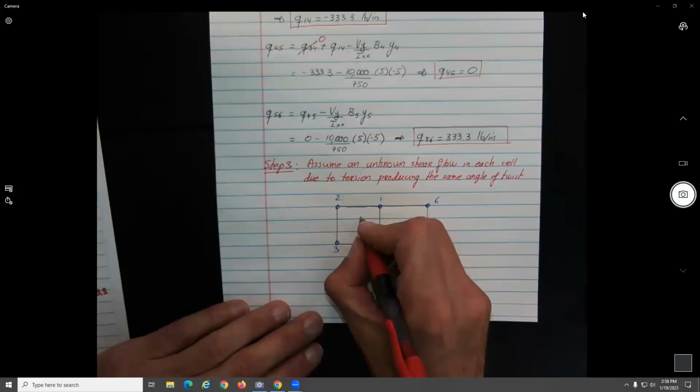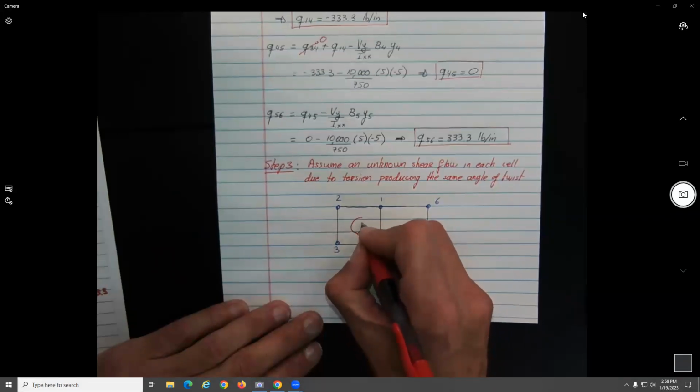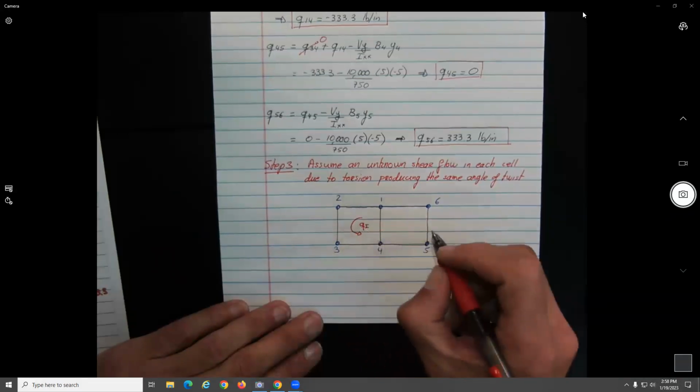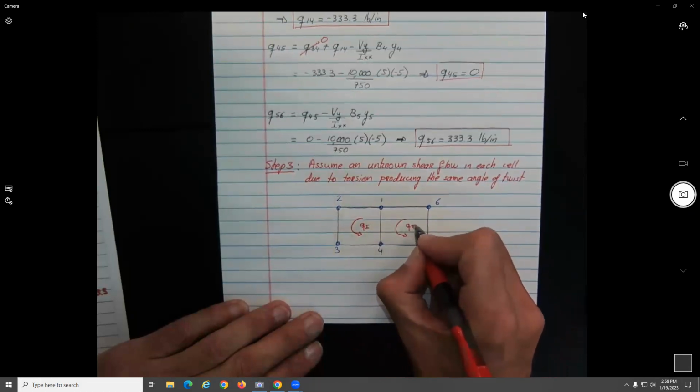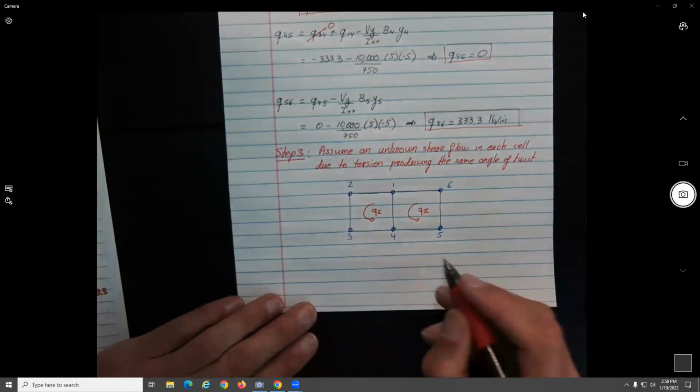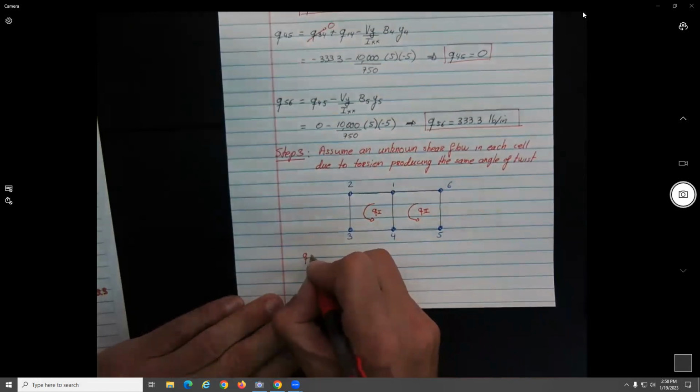I'm going to assume a constant shear flow on each one of the cells, Q1 and Q2.